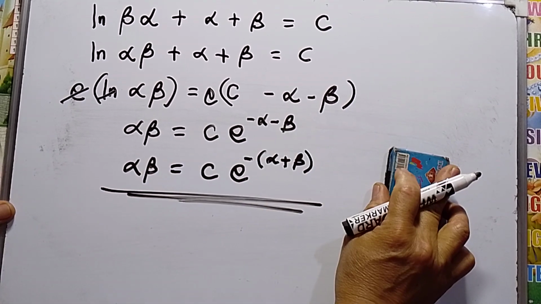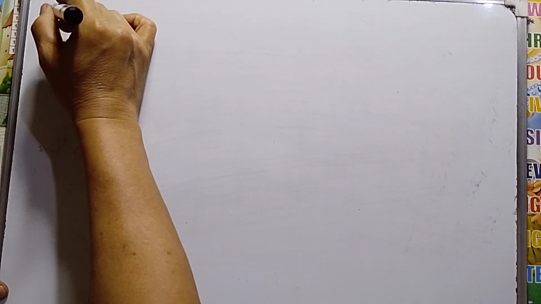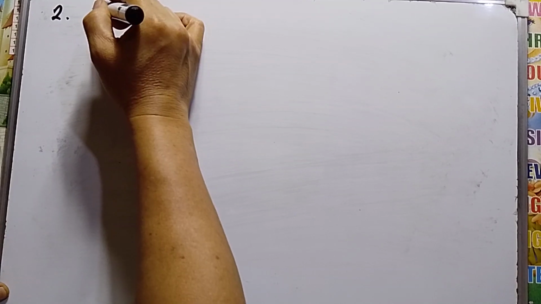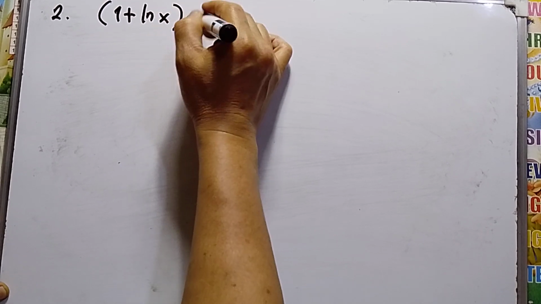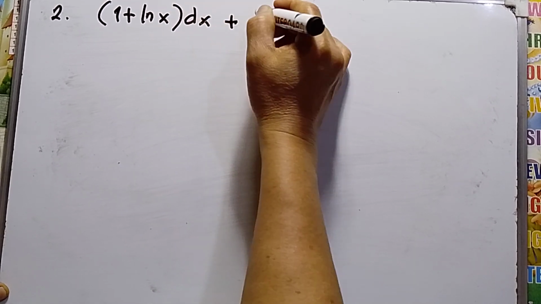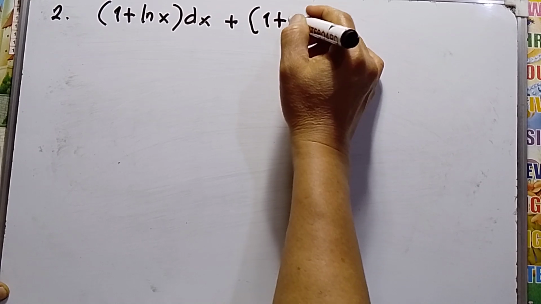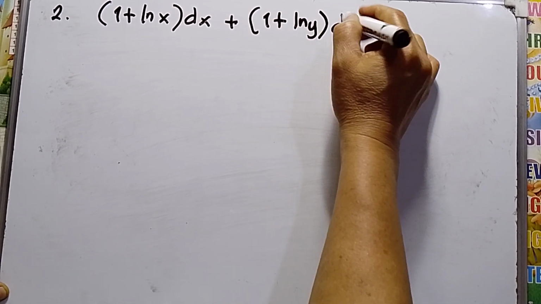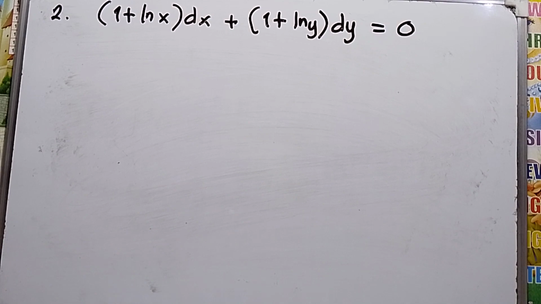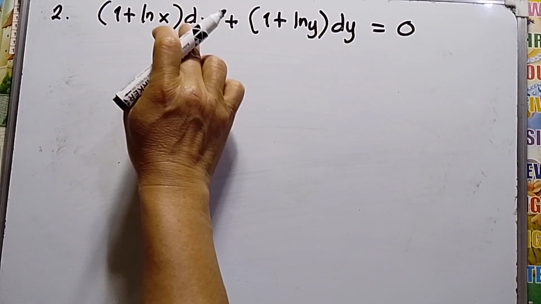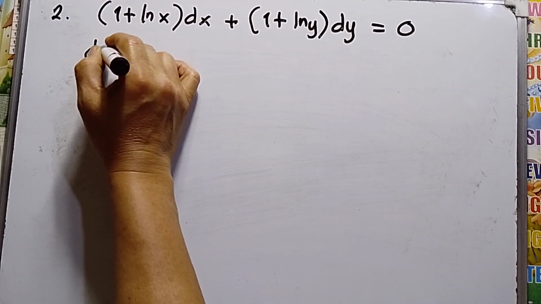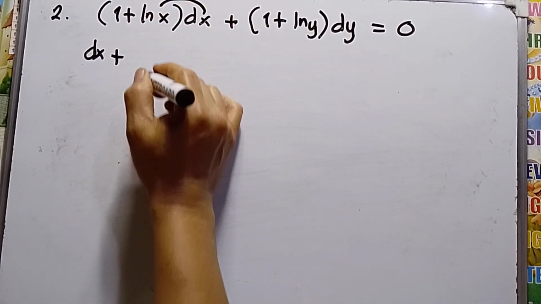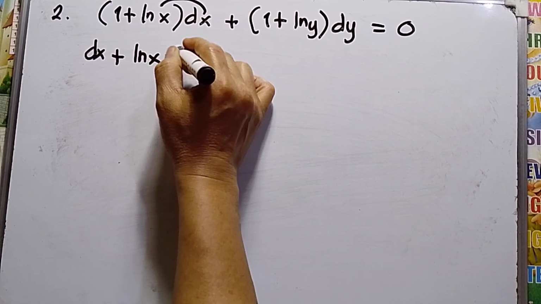Now let's proceed to number 2. Number 2 is (1 plus ln x) dx plus (1 plus ln y) dy is equal to 0. Okay, so I need to distribute this dx to the parentheses. So this will be dx plus ln x dx.